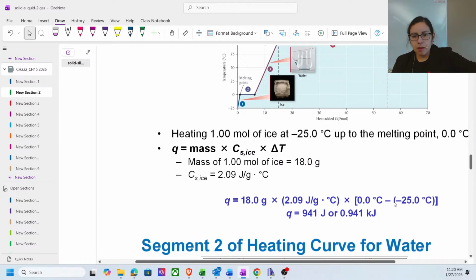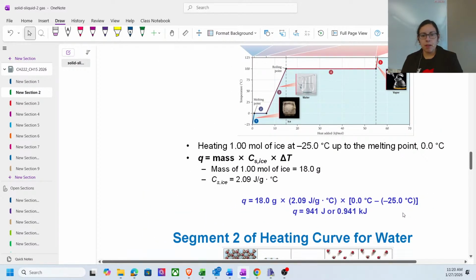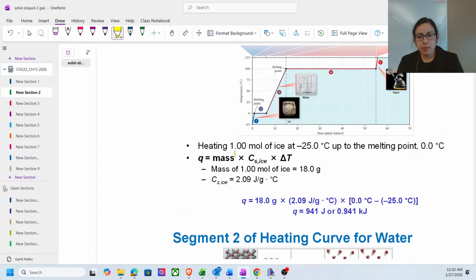And then most of the math is, like I said, based off of the heat capacity. And so this is, again, where it could get tricky. Note that the heat capacity of ice is a little bit lower than the heat capacity of water. So 2.09 joules per gram degree Celsius.